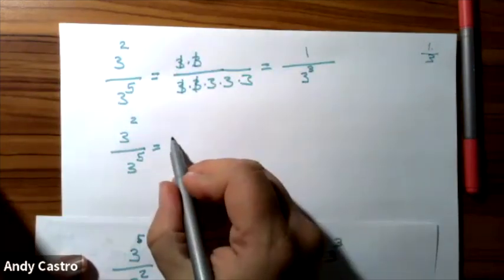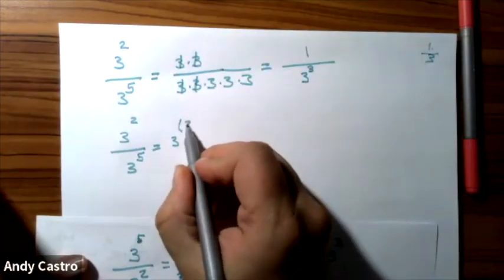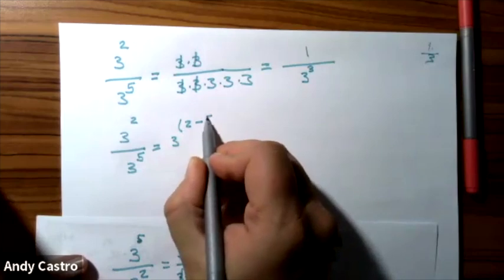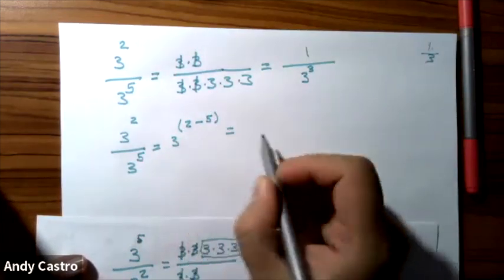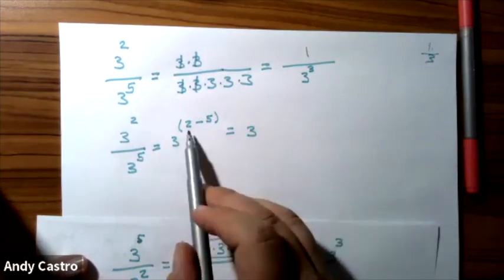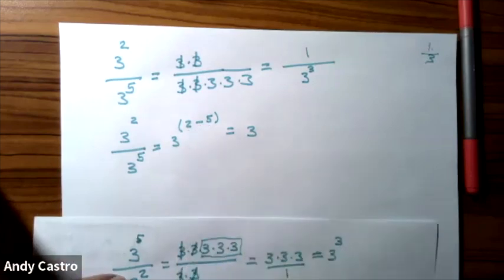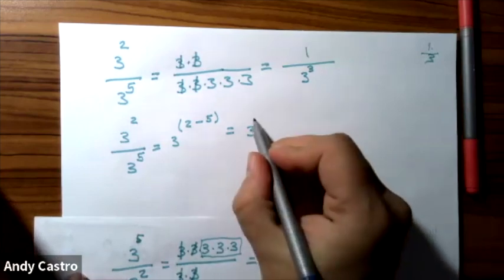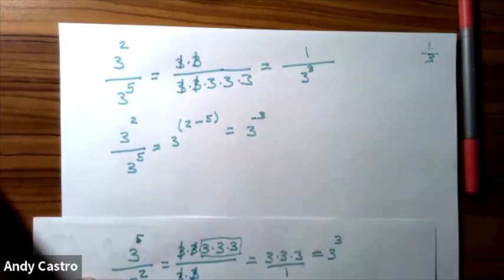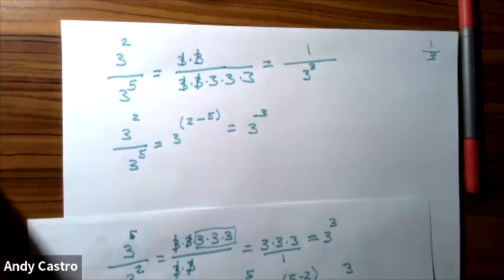So here, 3 to the 2 minus 5. So we have 3, and what is 2 minus 5? Well, that would be negative 3. 3 to the negative third power.